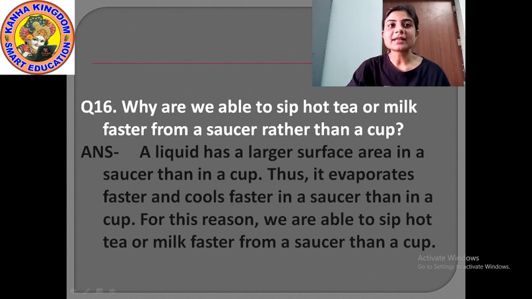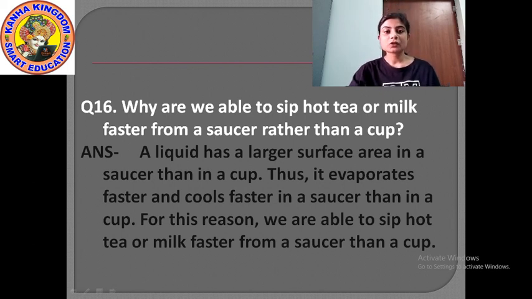The answer is, a liquid has a larger surface area in a saucer than in a cup. Thus, it evaporates faster and cools faster in a saucer than in a cup. For this reason, we are able to sip hot tea or milk faster from a saucer than a cup.